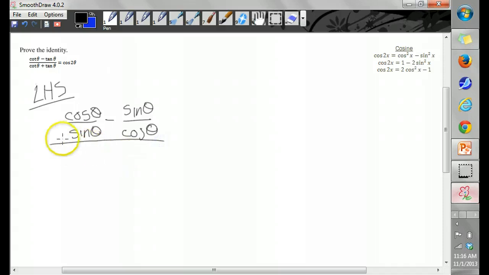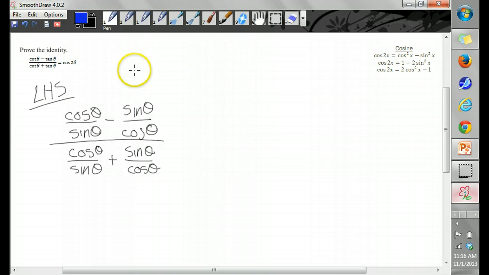And I'll do the same thing in the denominator. So cotangent turns into cosine over sine. And tangent turns into sine over cosine. Now, in order to combine all of these fractions, I need to have common denominators. So that's going to be my next step, is to get all these fractions to have common denominators.